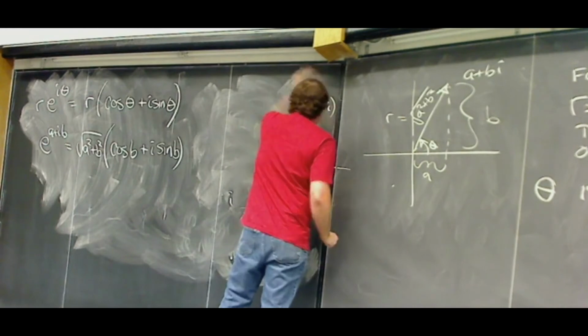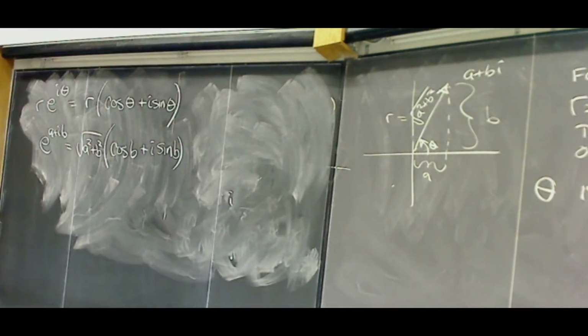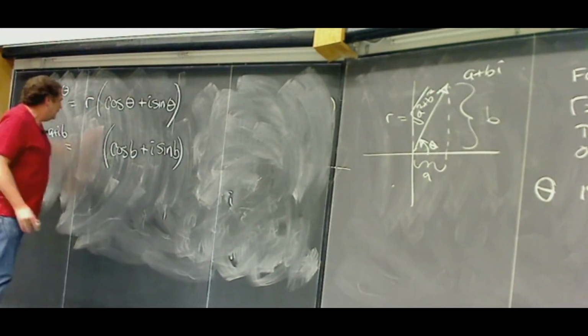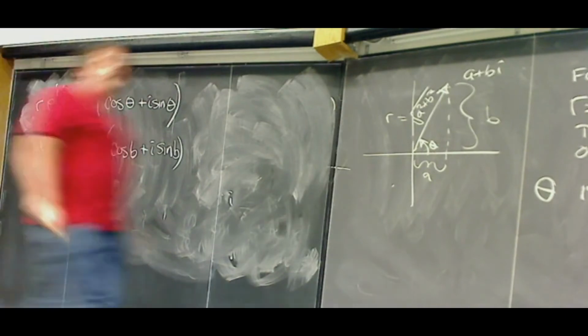And let's check this in a couple of cases that we already know. Oops, that's not right. Sorry. Let's check this in a couple of cases that we already know.